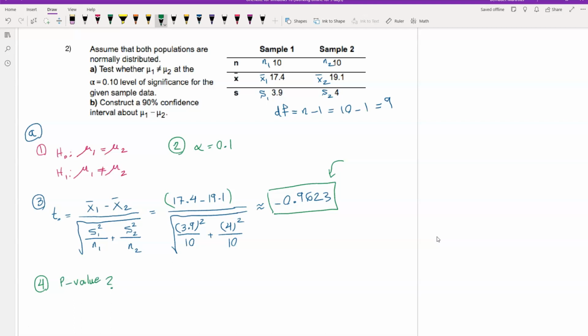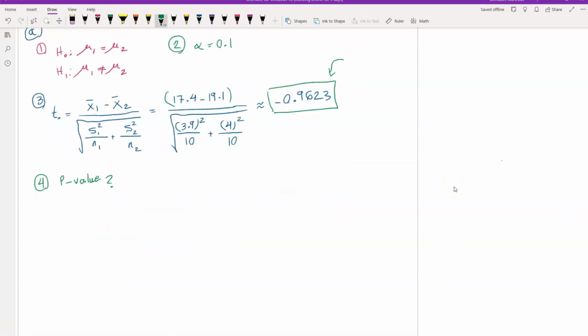Here on this part we have two tails, so we have to find either the left or right tail, and then multiply by 2. So p-value equal to 2 times this function TCDF. I'm working on the left tail, so it's negative infinity, then t and the degree of freedom.